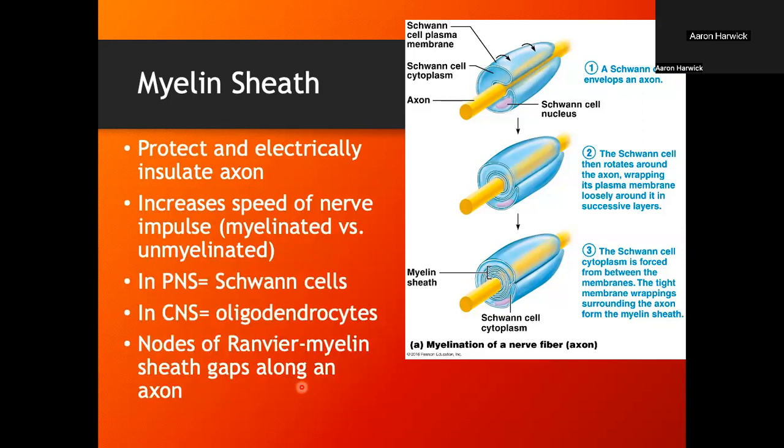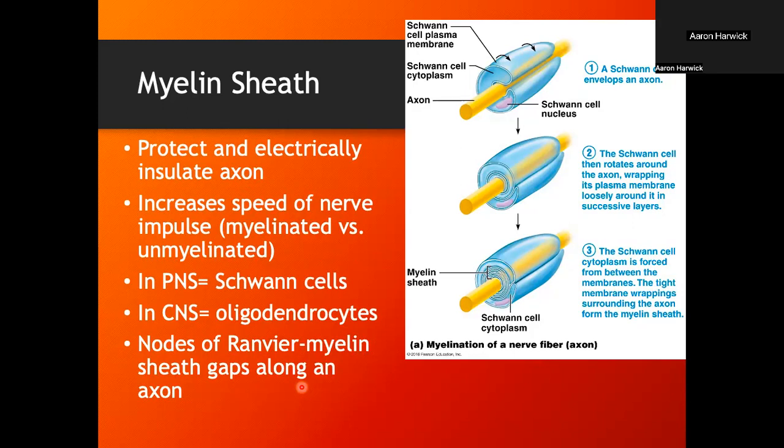So another thing, we talked about how there are specific types of cells, specifically the Schwann cells and the oligodendrocytes, that have this myelin sheath associated with them. Well, let's talk about what that does. The myelin sheath essentially helps protect and electrically insulate the axon.